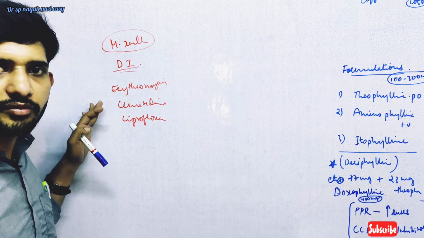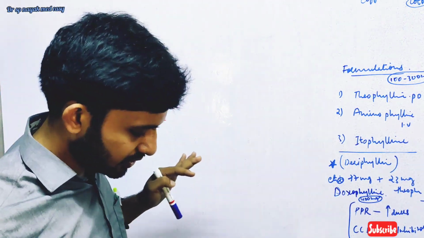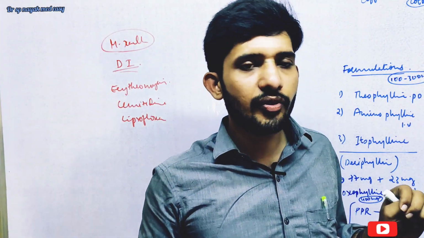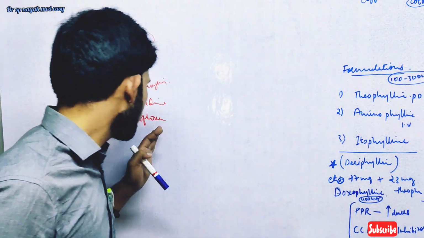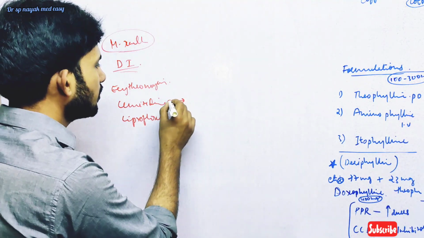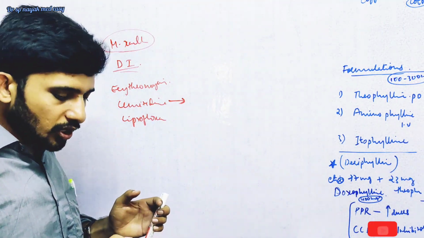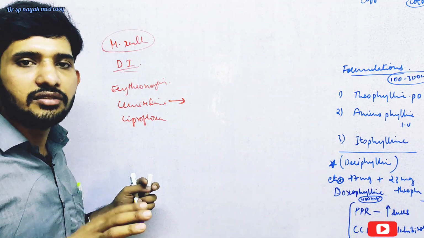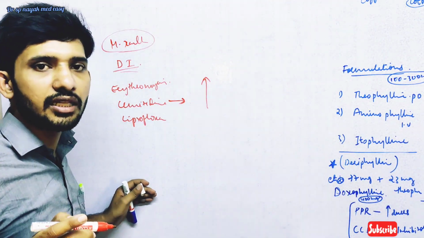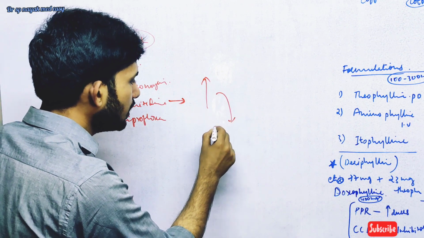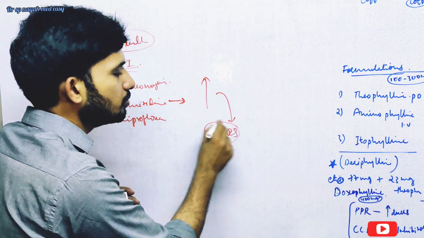So erythromycin, cimetidine, and ciprofloxacin are the drugs which inhibit the cytochrome P450 enzymes of the liver, and by that inhibition, the metabolism of methylxanthines reduces, and by that it causes toxicity of methylxanthines, and many ADRs are possible.